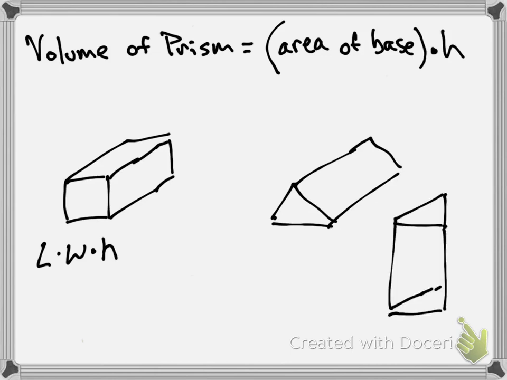In fact, we could even rotate it to help us see that base shape a little bit better. In this case, our base shape is actually going to be a triangle. So we need to use that formula, 1/2 times base times height, and then times that by the height of the entire prism. So again, we're going to use that description when we find volume of prisms as the area of the base shape times the height.